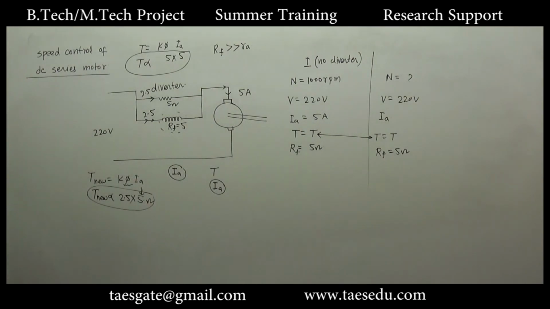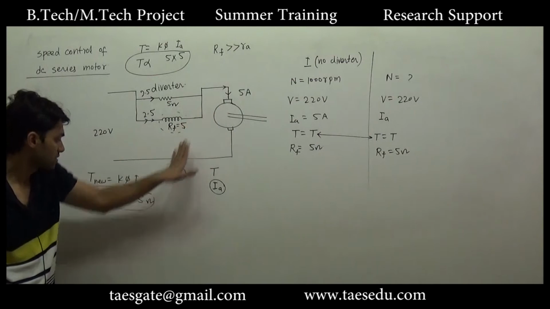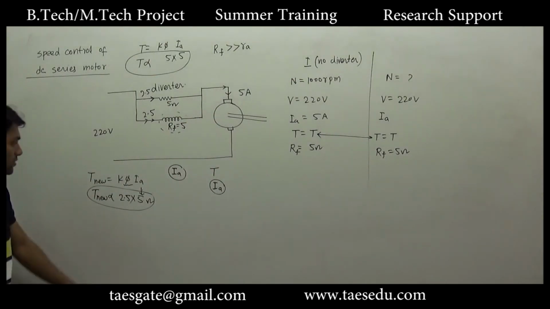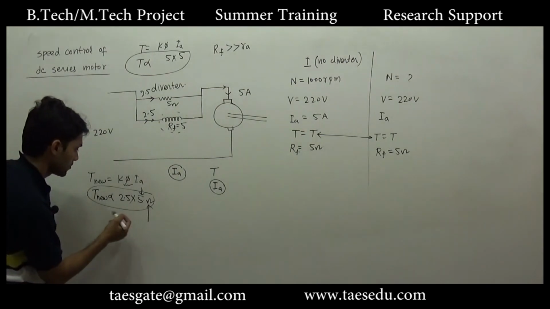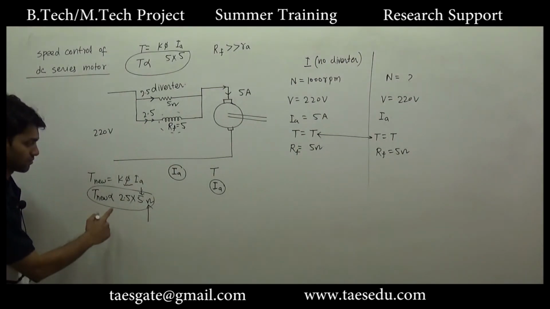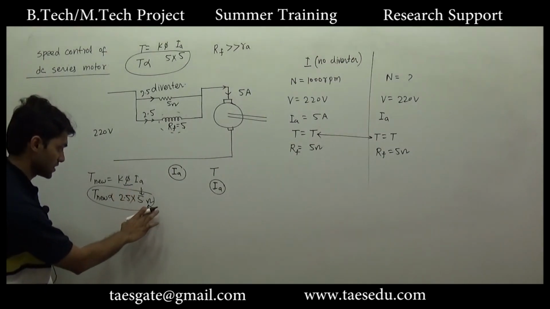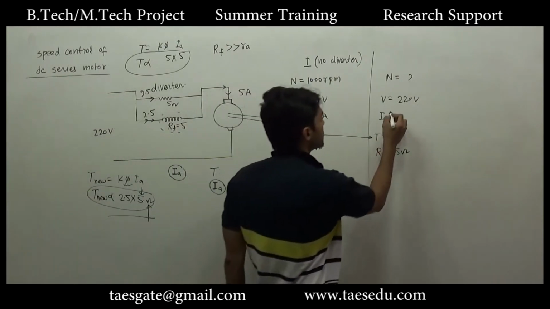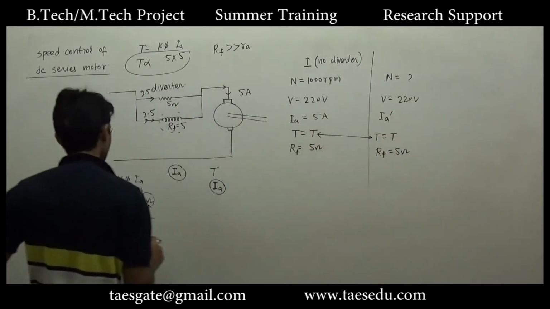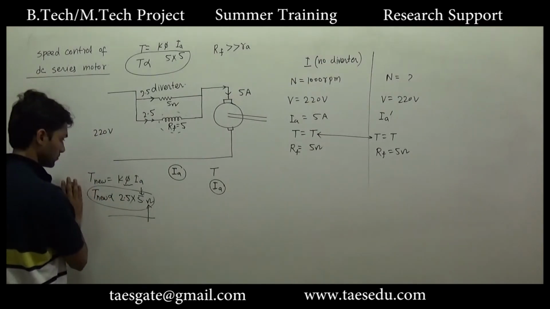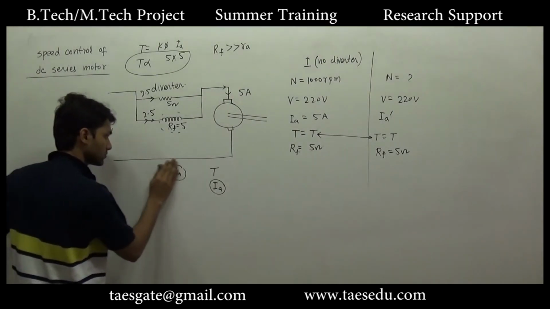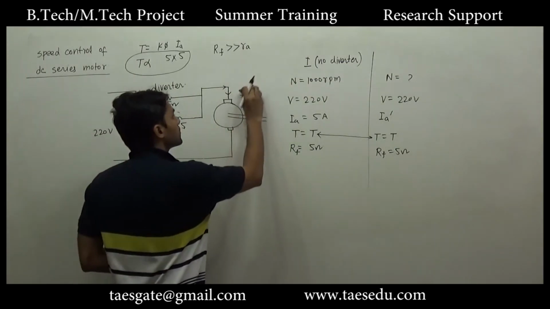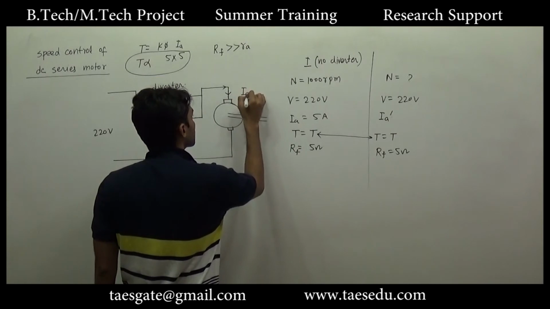So to equate them, armature current has to be increased by some value, and due to the increment of this current, torque will increase. So we cannot estimate from here. Let's say in the next case the current is I dash.